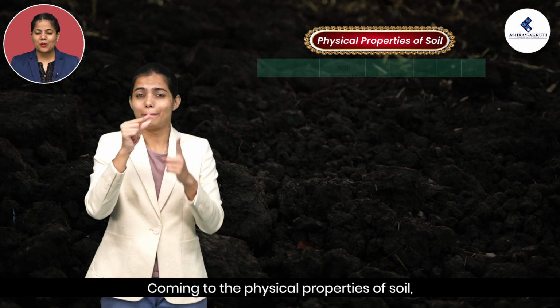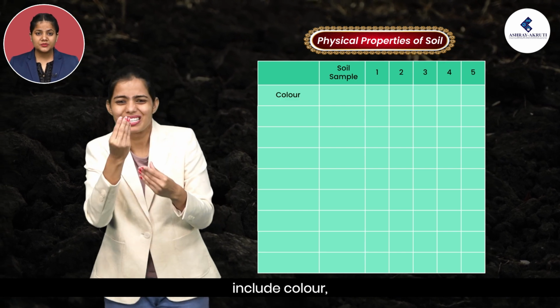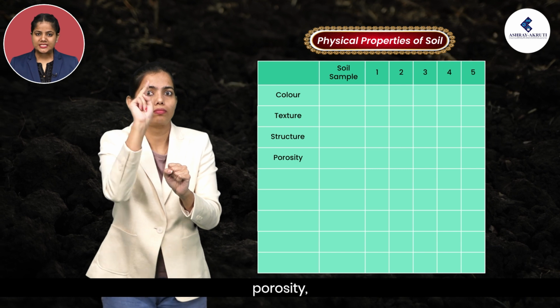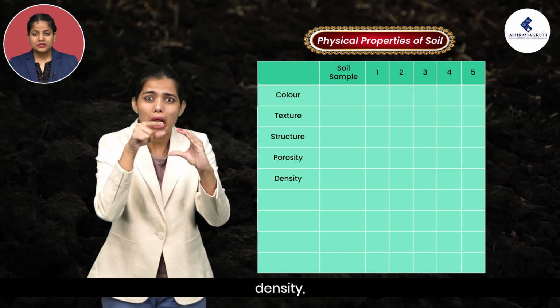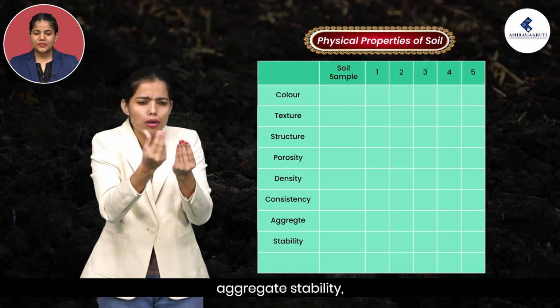Coming to the physical properties of soil, they include color, texture, structure, porosity, density, consistency, aggregate stability, and temperature.